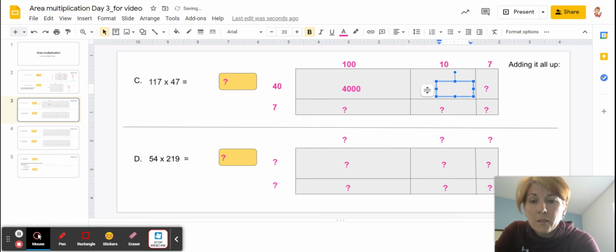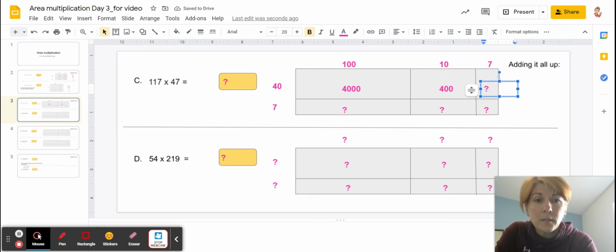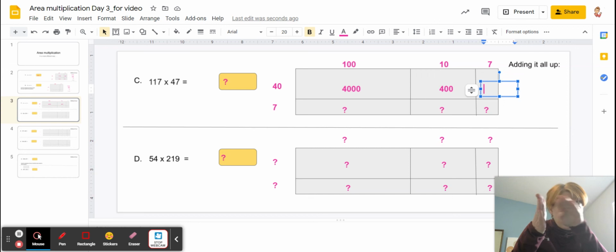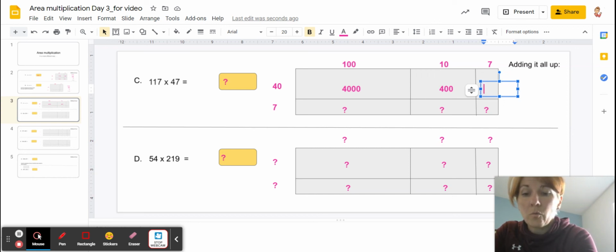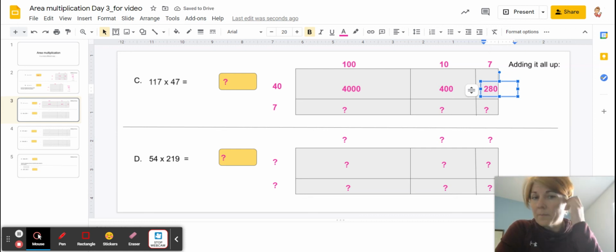So once again, that's going to be 4 with 2 shifts. Okay, and then in this last spot, I'd have a 40 times a 7. So that's going to be 4 times 7, which is 28 with 1 shift, because instead of 4, it's 40.